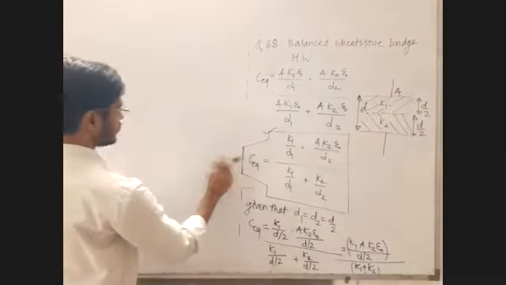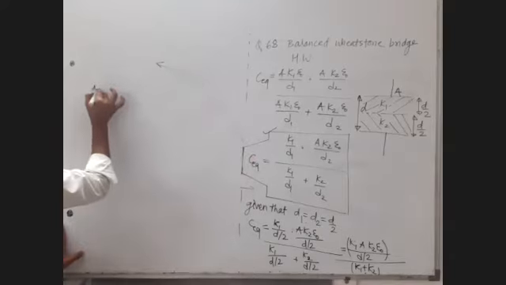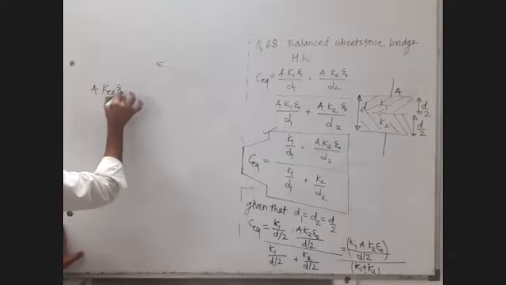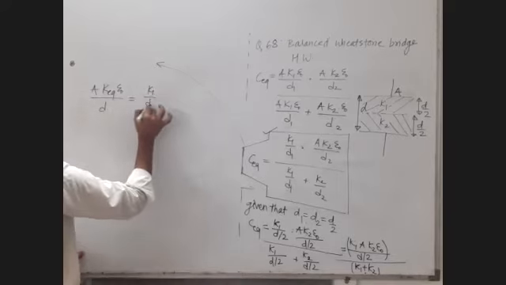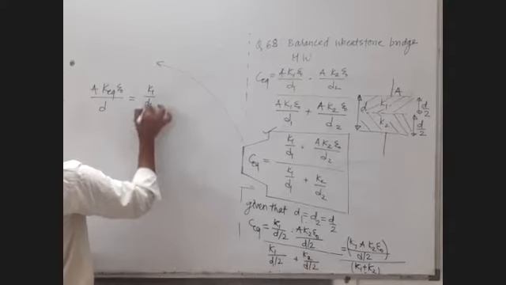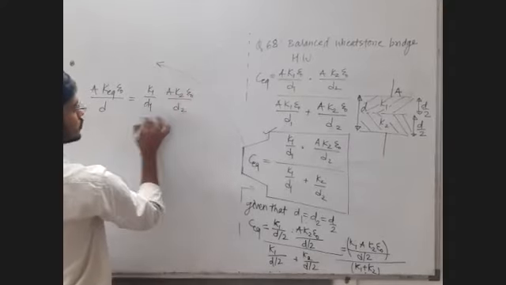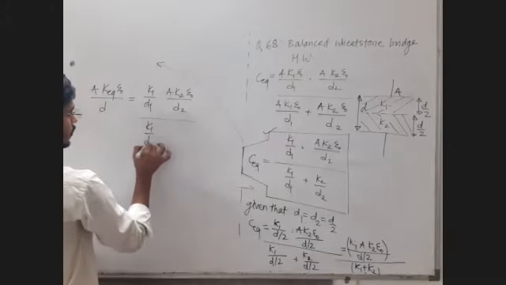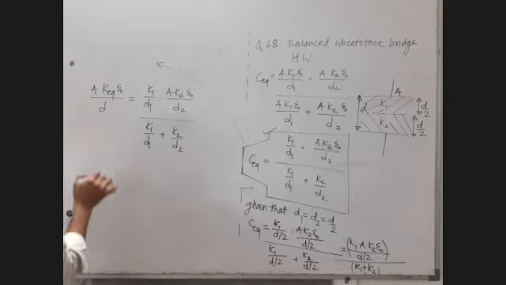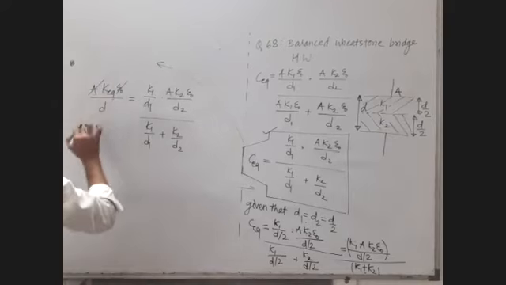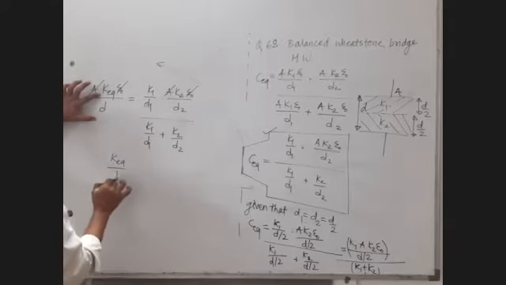So I could have replaced it like this: A K equivalent epsilon 0 upon D is equal to K1 upon D1 multiplied by A K2 epsilon 0 upon D2, divided by K1 upon D1 plus K2 upon D2. Here you can observe A epsilon 0 gets cancelled. So that's the formula.